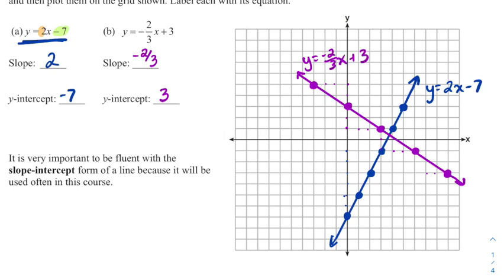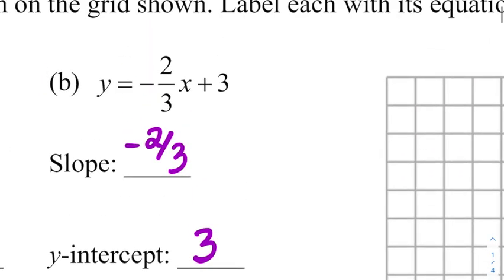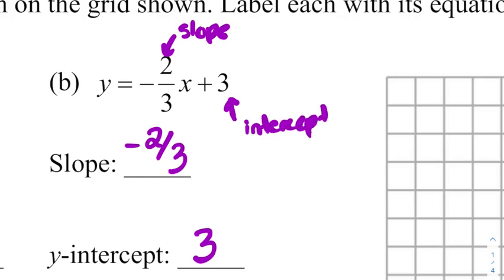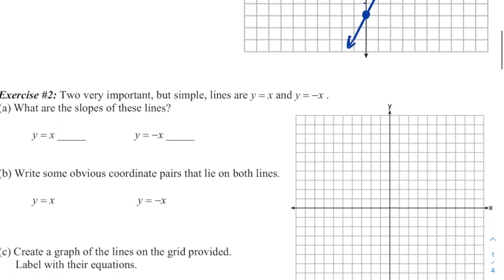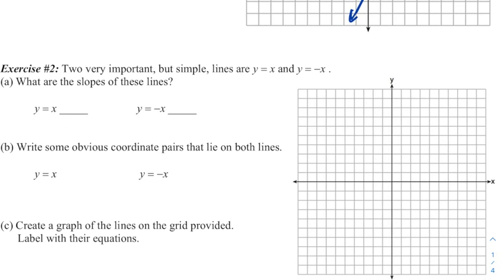Okay. So again, slope-intercept form, that is something you learned last year. The reason why it's called slope-intercept form is because the slope comes first, and then the y-intercept comes after. Y equals mx plus b. Okay, so we're just going to look at two kind of unique lines, y equals x and y equals negative x.